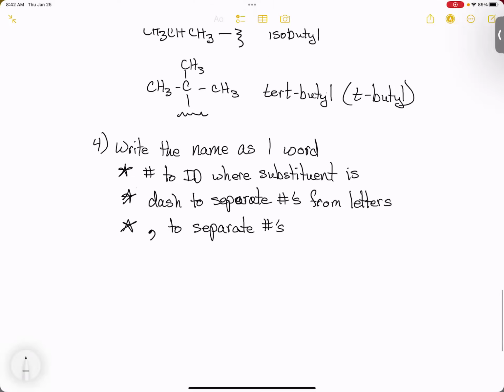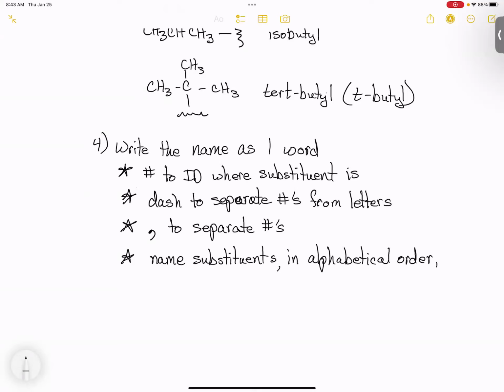But ultimately, you write it in the order of name the substituents, in alphabetical order, followed by the main chain's name.